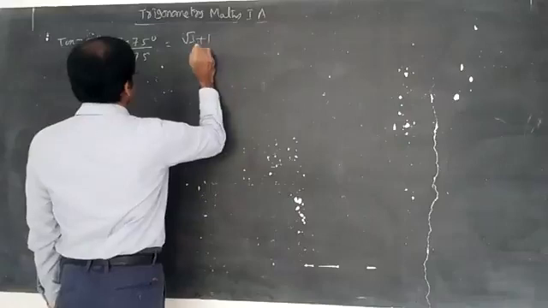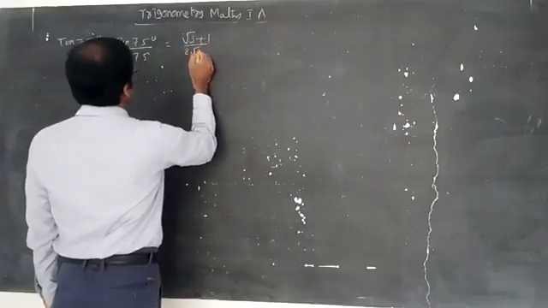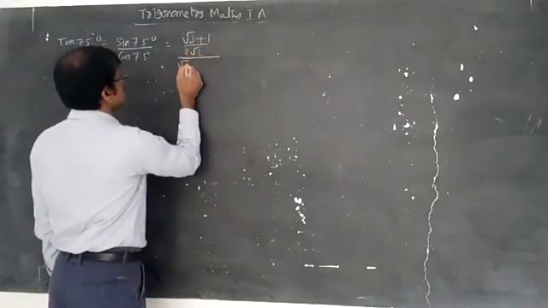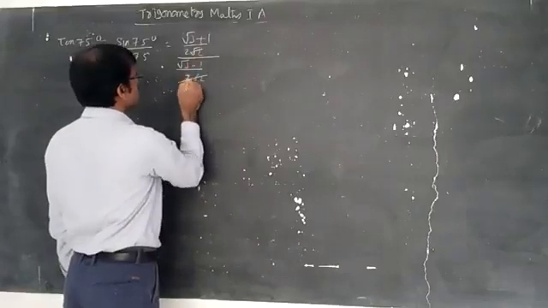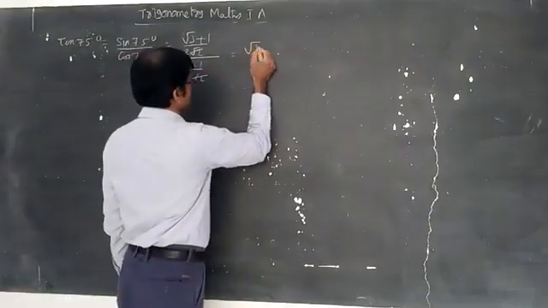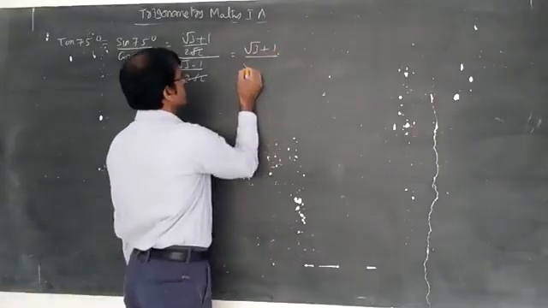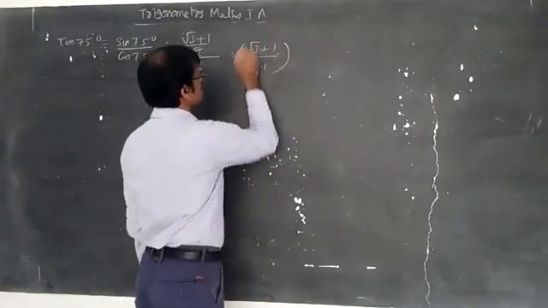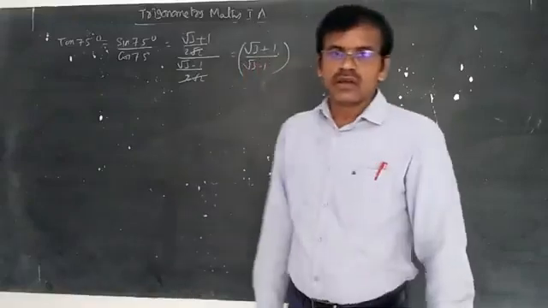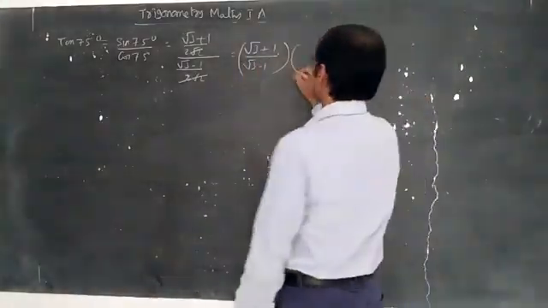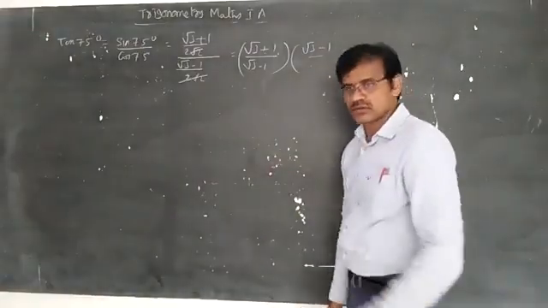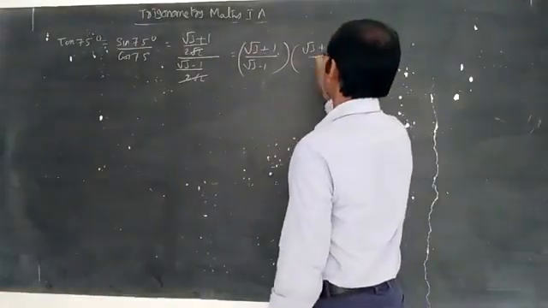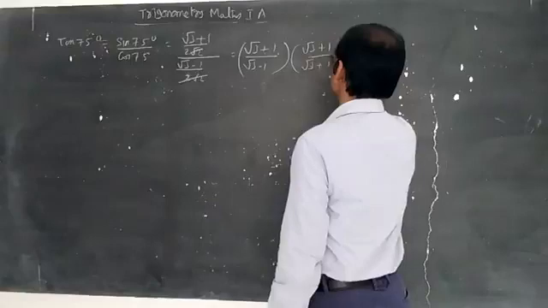So (root 3 plus 1) by 2 root 2, whole divided by (root 3 minus 1) by 2 root 2, and the 2 root 2 got cancelled. So here we take (root 3 plus 1) by (root 3 minus 1). Rationalize the denominator: multiply by the opposite sign, root 3 plus 1 by root 3 plus 1.